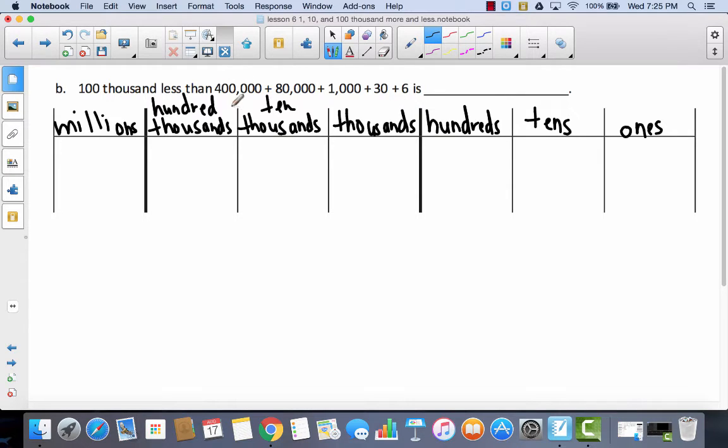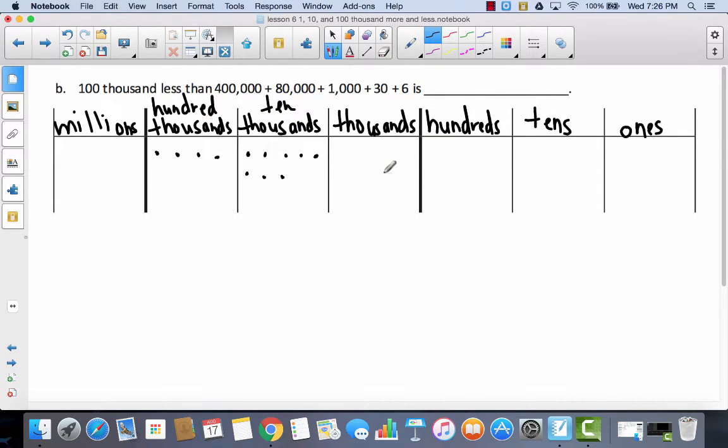Let's begin with the 100,000s. It says here we have 400,000, so let's come through here and put our 400,000s. Then it says we have 80,000s. Is that 10,000s or thousands? Do I want to put 80,000s here? That would take a long time. I'd rather put 8 10,000s, because this would be 10, 20, 30, 40, 50, 60, 70, 80,000.